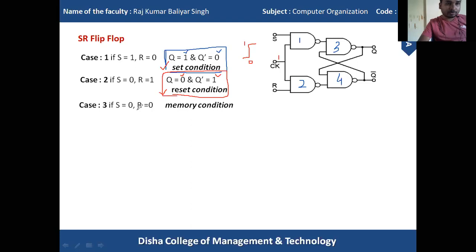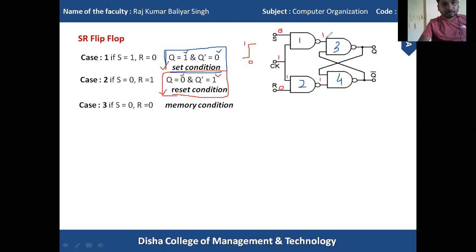So when S equals 0 and R equals 0, this NAND gate 1 receives S equals 0 and clock equals 1, so the result here will be 1. In a similar way, we also get the result 1 at the output of NAND gate 2.